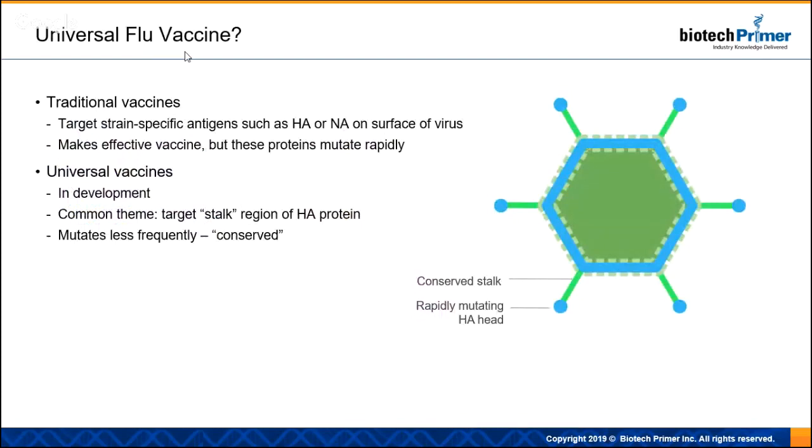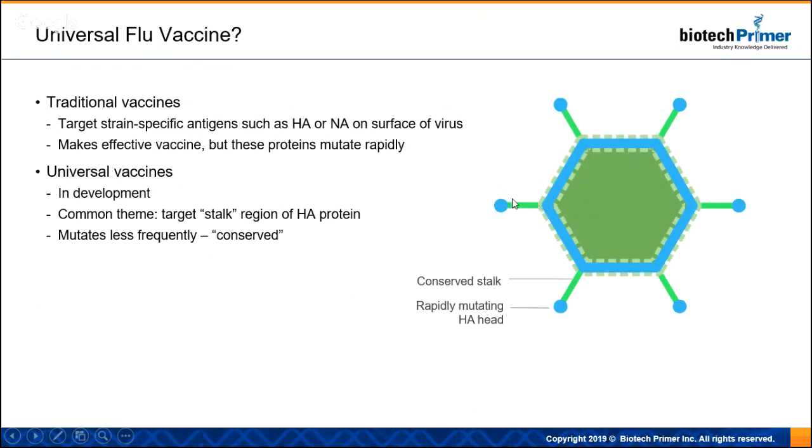So we want to develop universal flu vaccines, that is, flu vaccines that we don't have to administer every year. And so different researchers, different academic labs, different biotech companies are looking into this. Essentially what they're trying to do is, rather than target the head, the protein that most often gives us an immune response is this protein called hemagglutinin, which is on the surface of the virus.